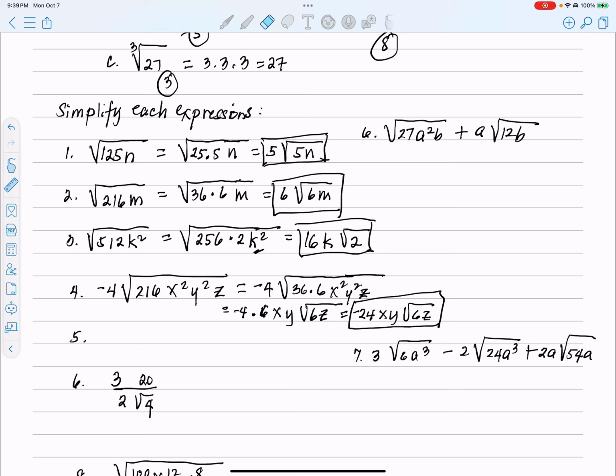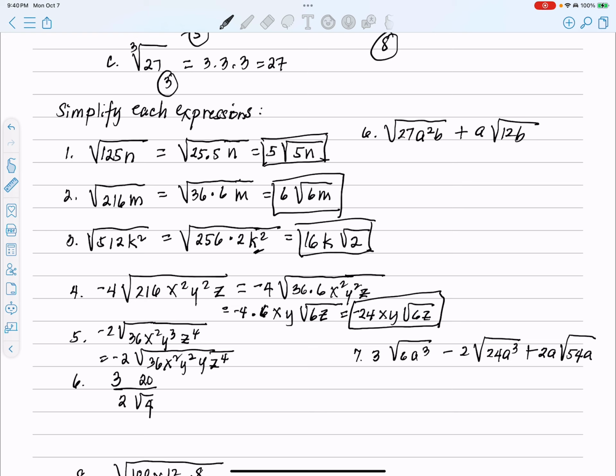Alright, I'm going to rewrite this again. Negative 2 square root of 36 x squared y to the third power and z to the fourth. Let's simplify inside. I could factor y cubed as y squared and y, and z to the fourth we can take the square root of.